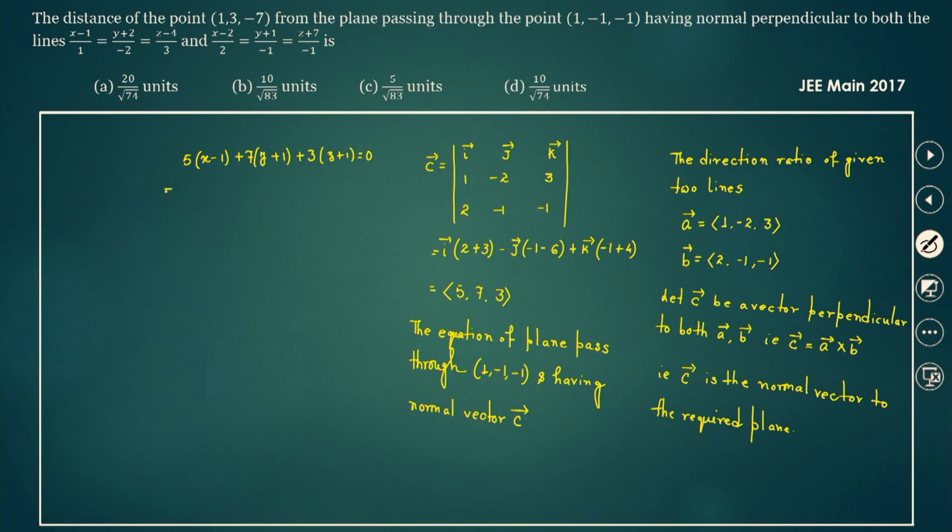Let's calculate that equation. It is 5x plus 7y plus 3z minus 5 plus 7 plus 3 equals 0. Therefore, the equation of the plane became 5x plus 7y plus 3z plus 5 equals 0. So that's the equation of the plane.